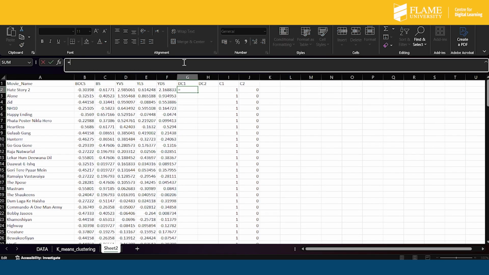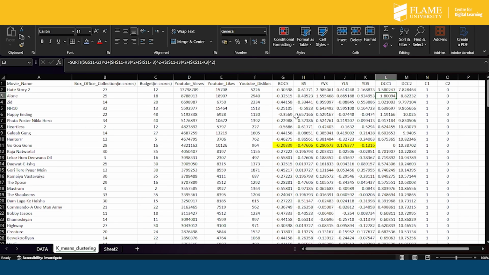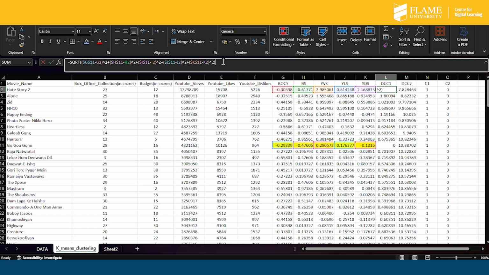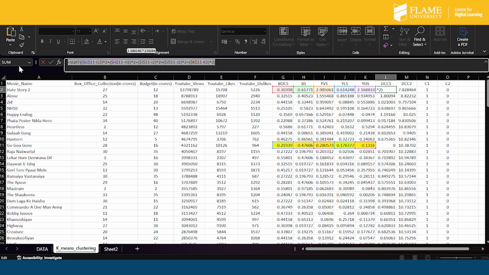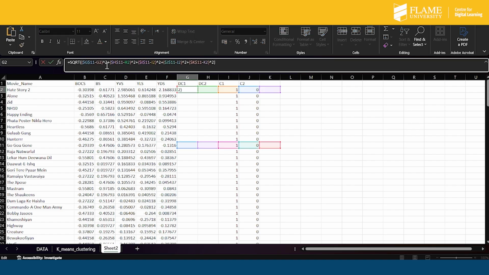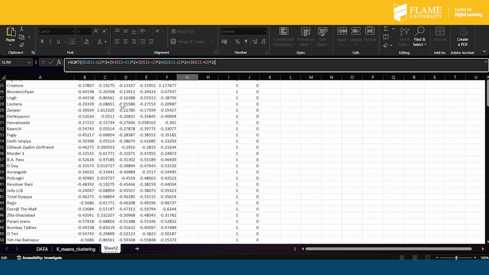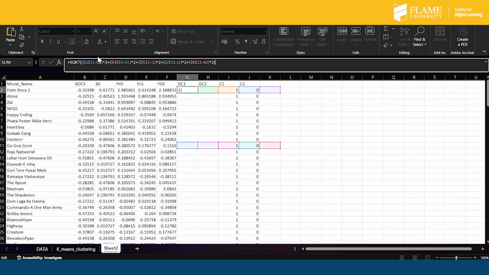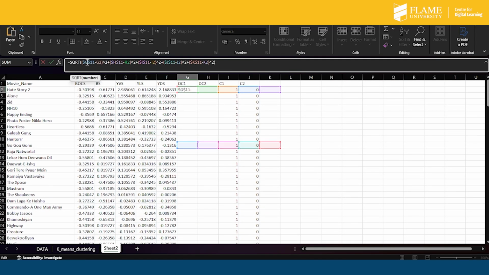So I put the formula again, copy and paste, and in place of these values I have to change to 153. So this is B, this is also B153.